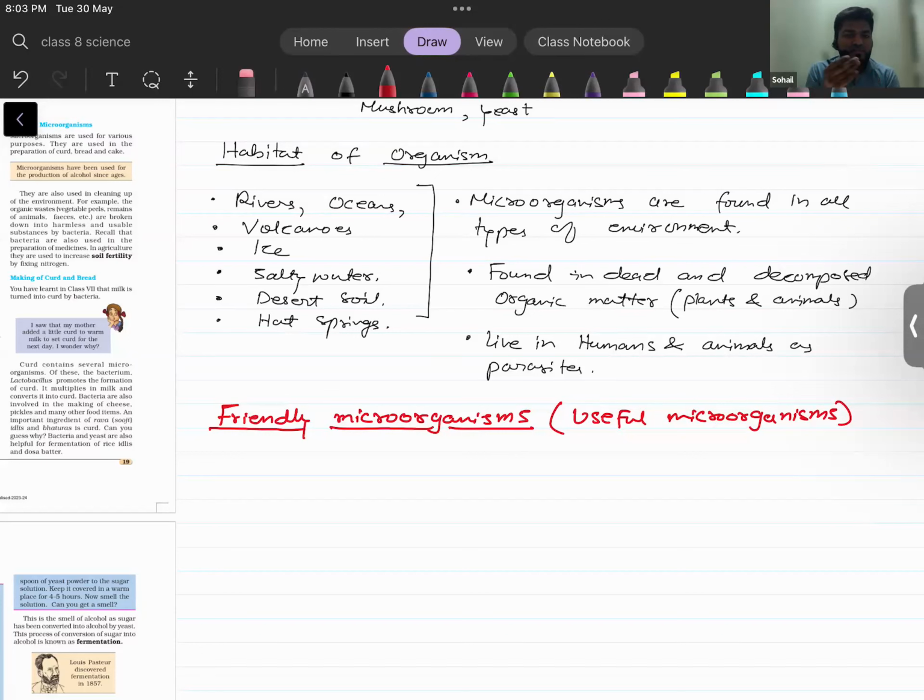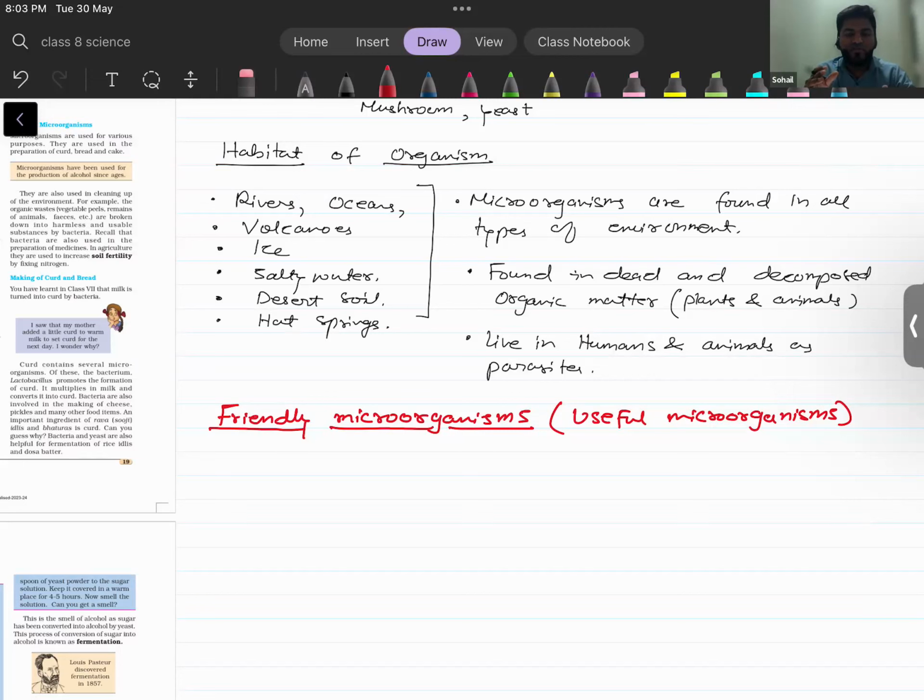If a dog is lying dead somewhere and there is no one there to pick it up, cremate it or bury it, what is going to happen when it is left in the open? Microorganisms and insects are going to feed on it. After a few days only the bones of that dog will be left. So they help to keep the environment clean also.